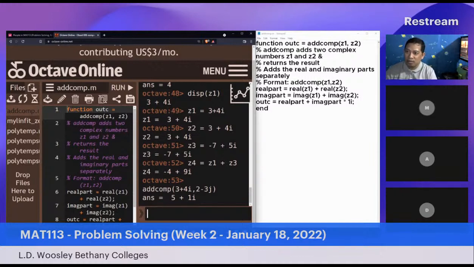Sige, Micaela, kindly do the second part, the Add Comp 2.